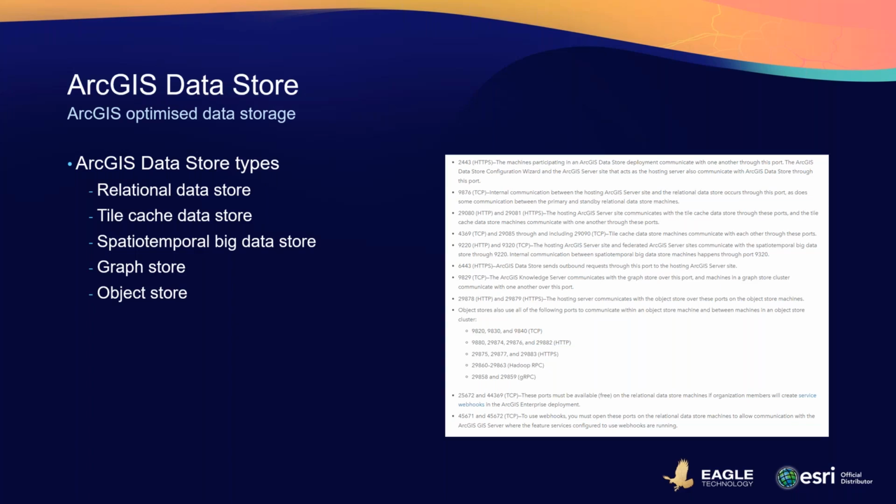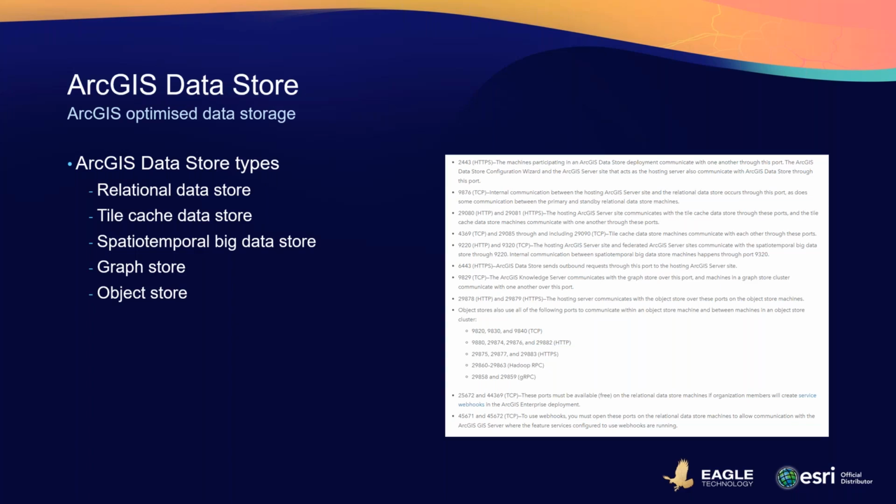The first two data stores in this list I've seen sit happily alongside each other and on the same machine as an ArcGIS Server. Of course, this is very dependent on how heavily you're planning on using them and the resources of the machine hosting them. The relational data store is used for hosted feature layers.